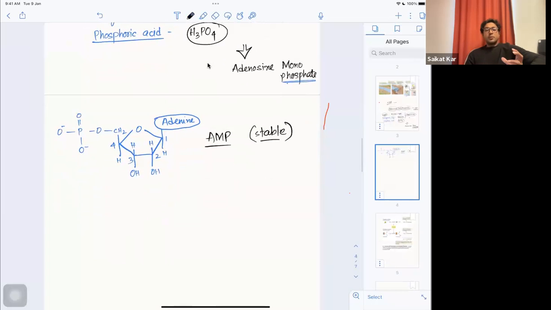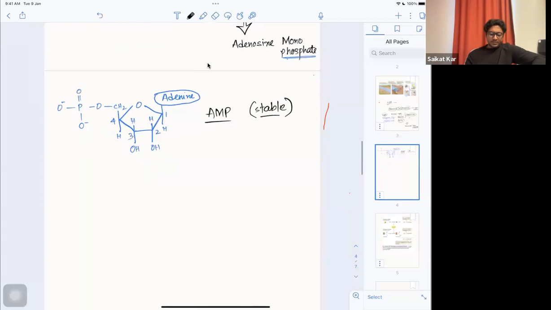But we need to form an unstable structure, because a stable structure will not break down to give you energy. Any structure which will give you energy should be a little bit unstable, otherwise it will not break itself to give you energy. So now, if this AMP, everything is the same, I'm just changing here.